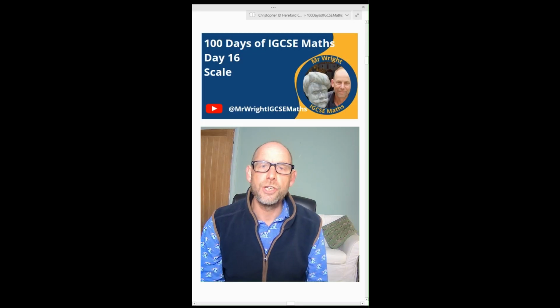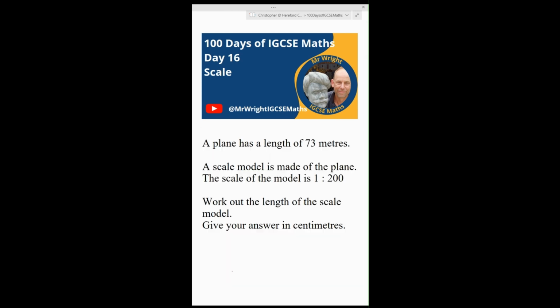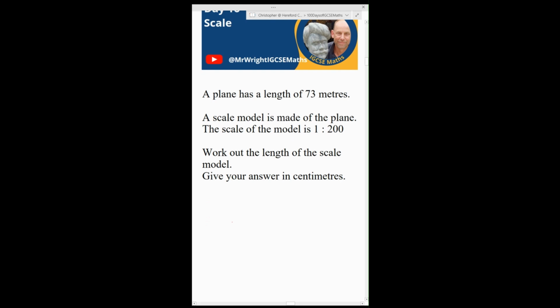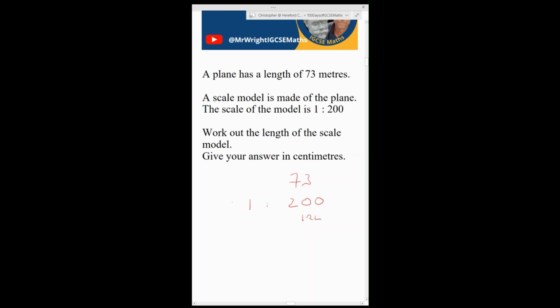Day 16, a GCSE question on scale. Now's your chance to pause. So I've got a length of 73 metres and I'm using the scale of 1 to 200. So 200 metres in real life would be 1 metre on my scale model.